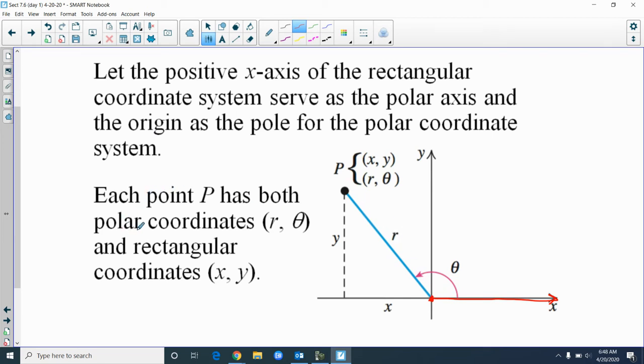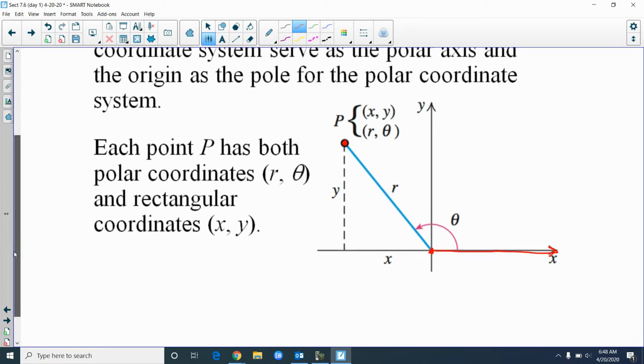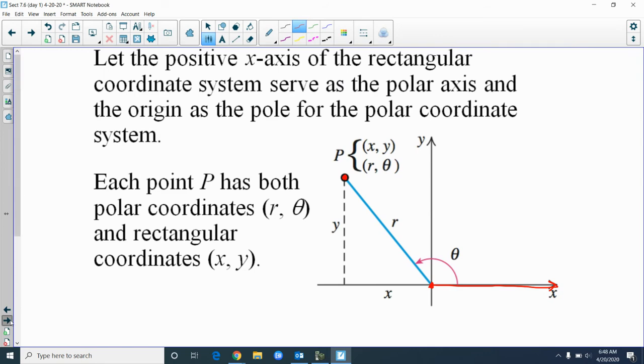Each point P has both polar coordinates, r, theta, and rectangular coordinates, x, y. So any point right there, we could label it x, y, or we could label it r, theta, and they name the same point. The main thing we have to do now is convert between the two. Given a rectangular coordinate, what is it as polar? And given a polar coordinate, what is it as rectangular?